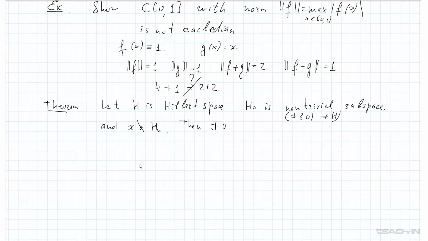Then there exists a unique element x0 from H0 such that this norm gives the distance from x to H0, and x minus x0 is orthogonal to H0. As we know from school, the shortest distance is the orthogonal.